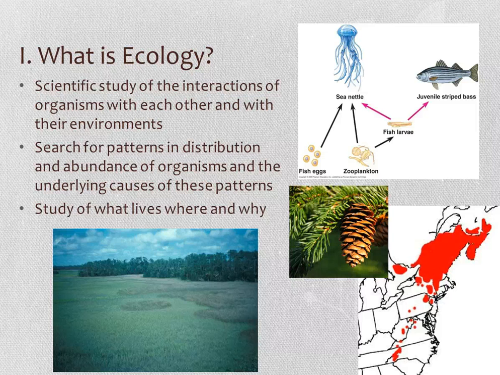For example, if you take a look at the bottom left picture here, this is a picture of a salt marsh taken near Charleston, and you can see that there's not a uniform distribution of the species. You have certain types of trees at the edge, probably some longleaf pine, some palmetto, some wax myrtle.